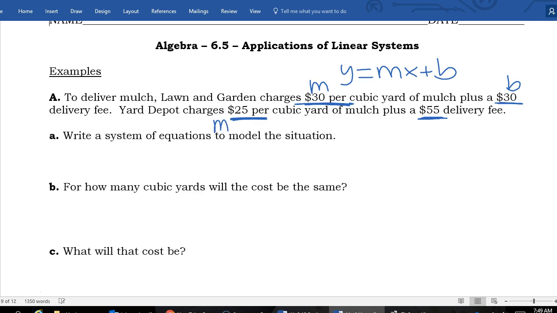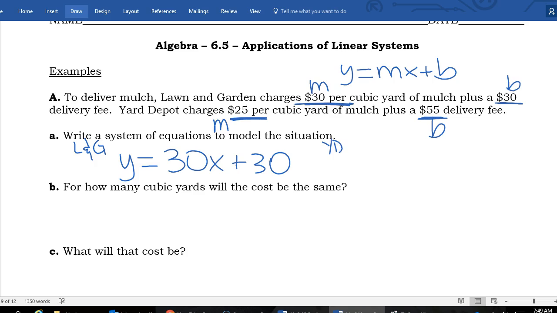For the first company, Lawn and Garden, we have y equals 30x plus 30. And for Yard Depot, we have y equals 25x plus 55.